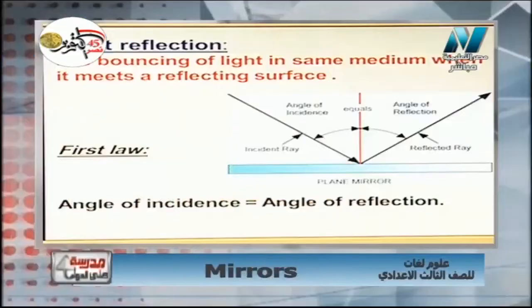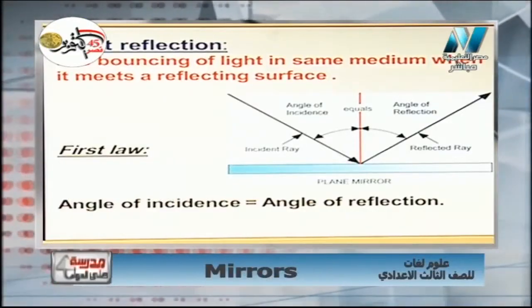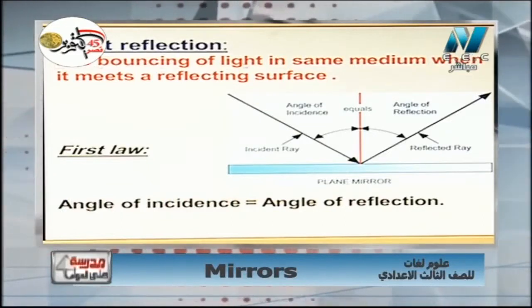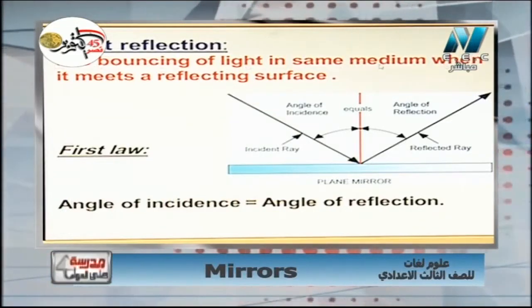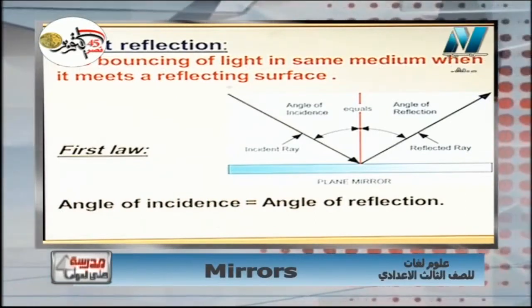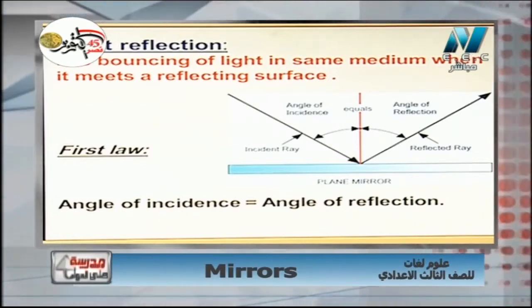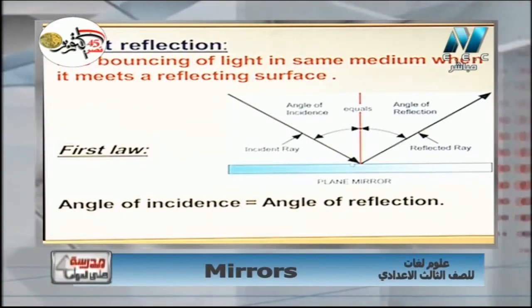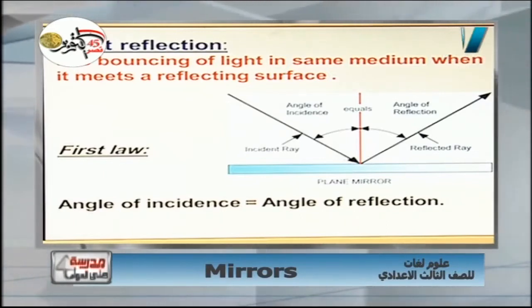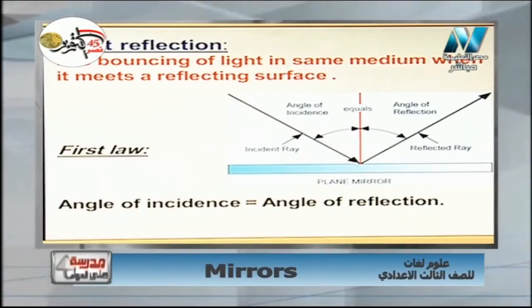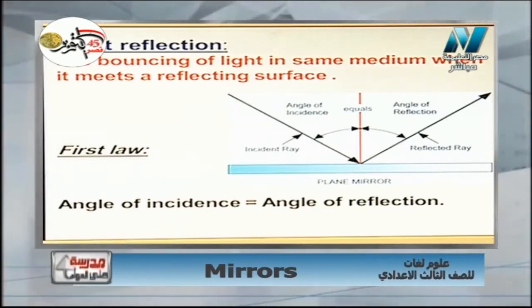But before describing our image, we are going to say the property of the reflection, or the law of reflection. Let's see it together. Light reflection. What's meant by light reflection? It is bouncing of light in the same medium when it meets a reflecting surface. Like this, this is the plane mirror. We call this the incident light ray. What's the incident light ray? It is the light that falls on the mirror. It hits the reflecting surface and returns back.